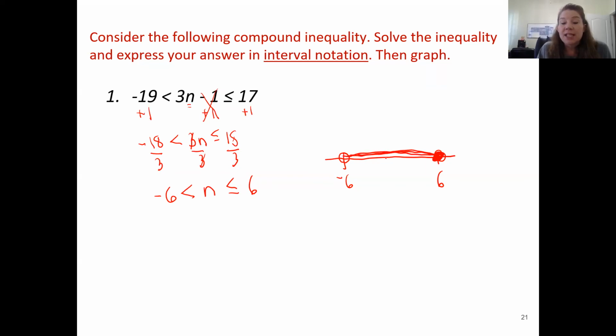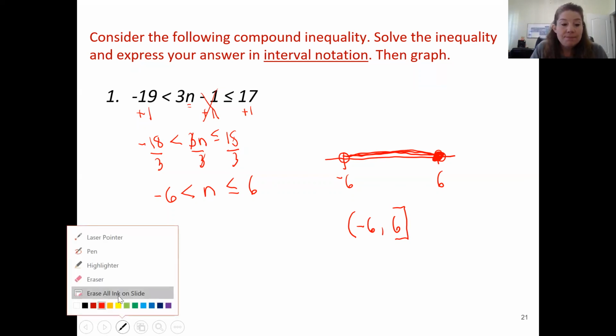So how do we write this in interval notation? We start with our parentheses, we go through our +6 with our bracket, and this goes back to our very first class. So hopefully that makes sense. I'm going to erase this, move on.